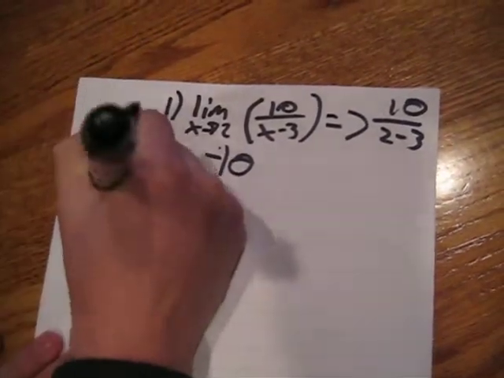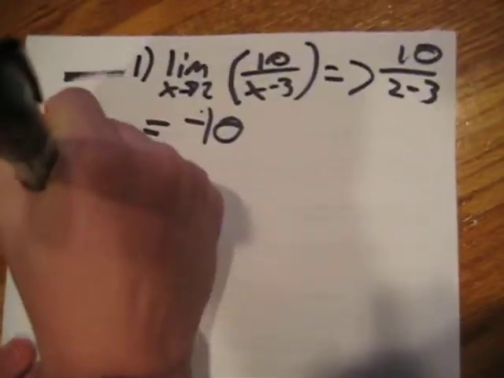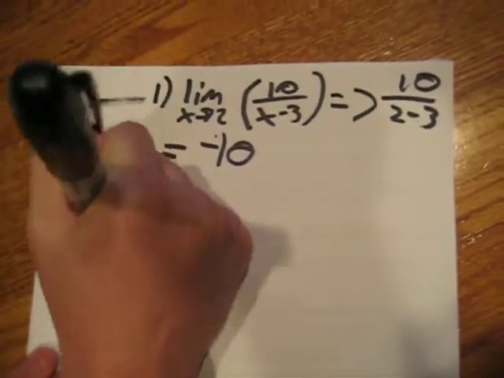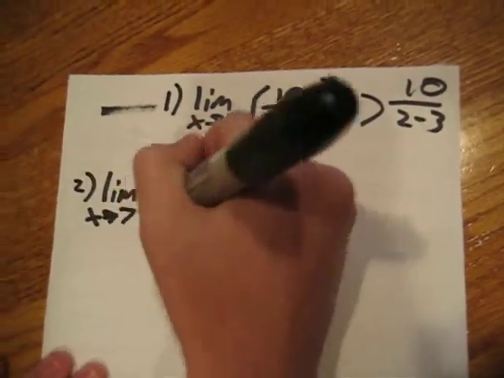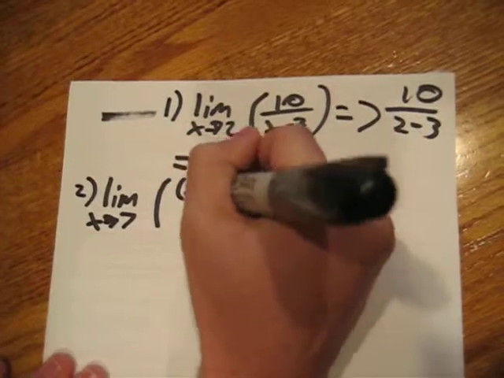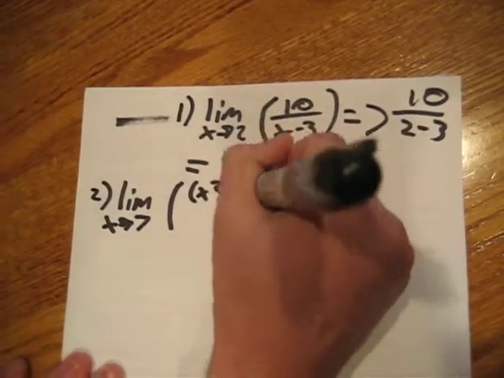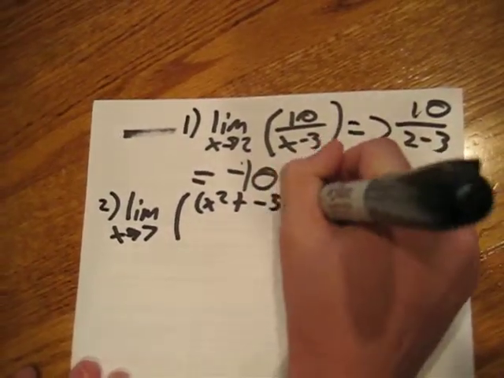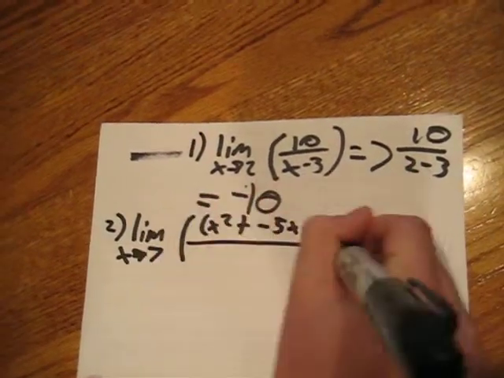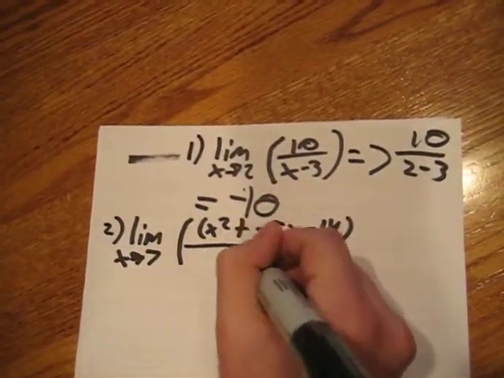Our problem for this one is going to be limit as x approaches 7 of x squared minus 5x minus 14 over x minus 7.